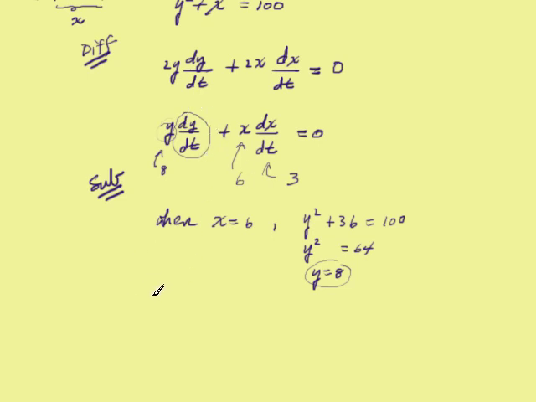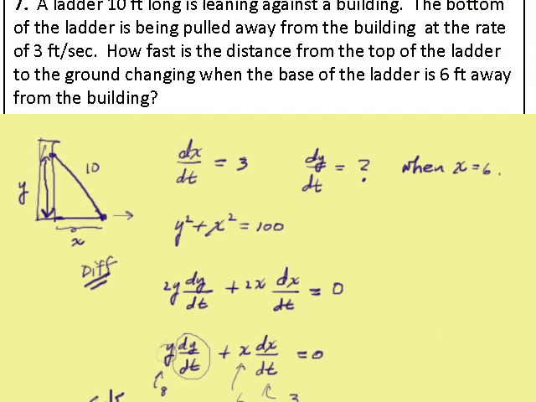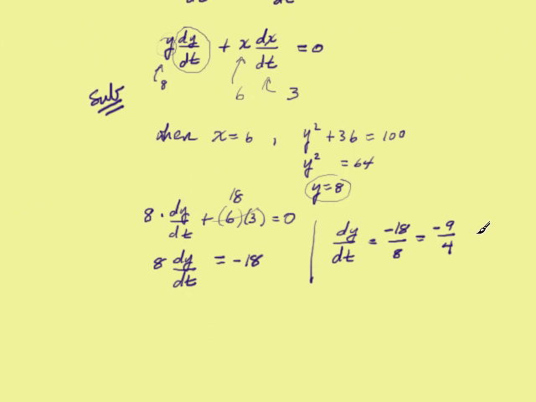So let's do our substituting now. 8 for y, dy/dt, that's what we're going to solve for, plus 6 times 3 is equal to 0. So we have 8 dy/dt plus 18 is equal to 0, so 8 dy/dt is equal to minus 18. All right, and just divide, and we have dy/dt is equal to minus 18 over 8, or minus 9 over 4. And that's feet per second.